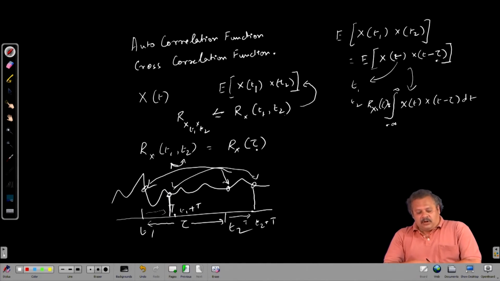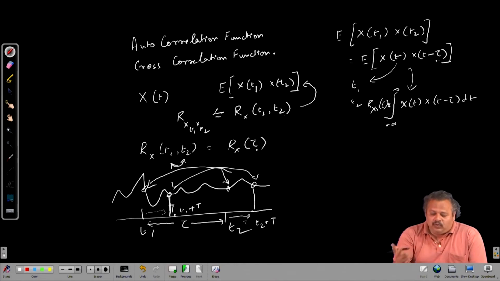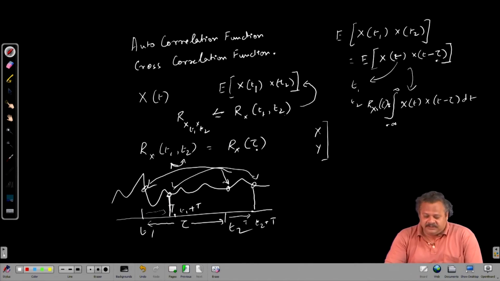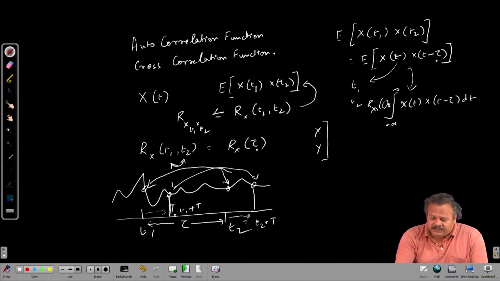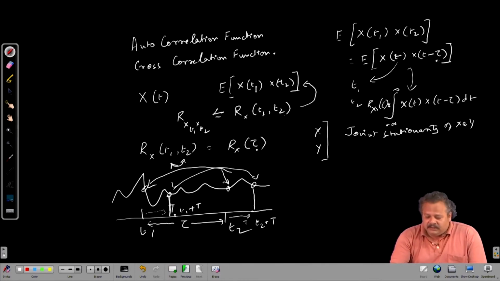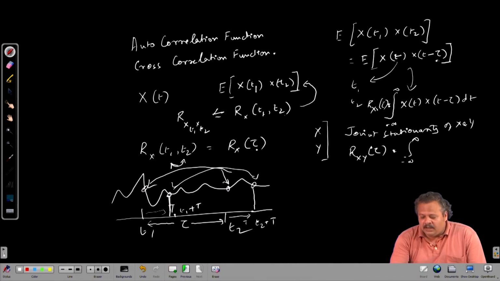Similarly, we have a cross correlation function where there are 2 random processes x and y that are being observed, and the time point t2 is being taken on one random variable and t1 on the other. Again, under the conditions of joint stationarity of x and y, and ergodicity, we can write that the cross correlation function Rxy tau is nothing but the integral from minus infinity to infinity of x t y t minus tau dt.